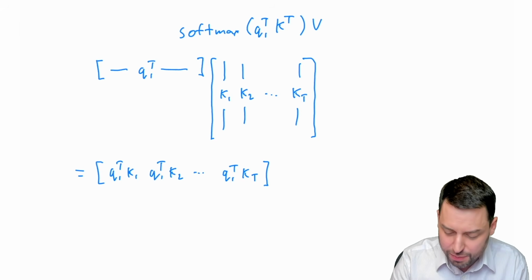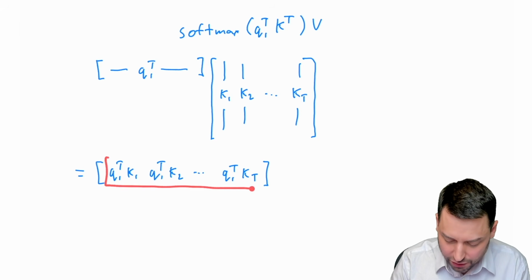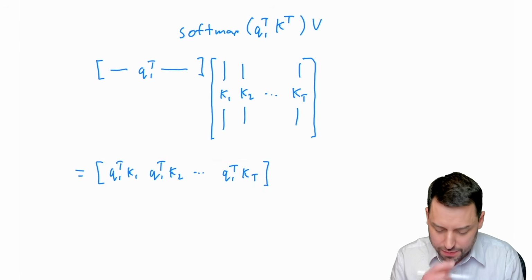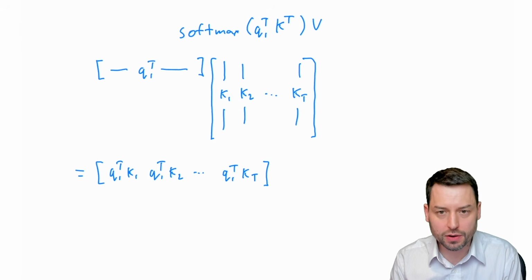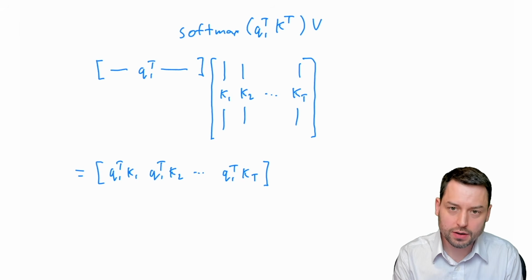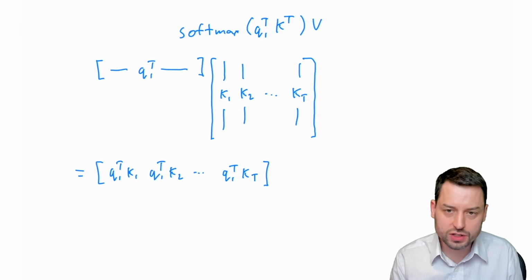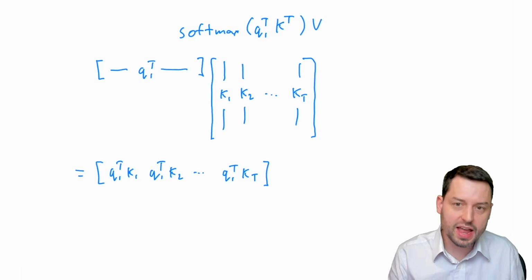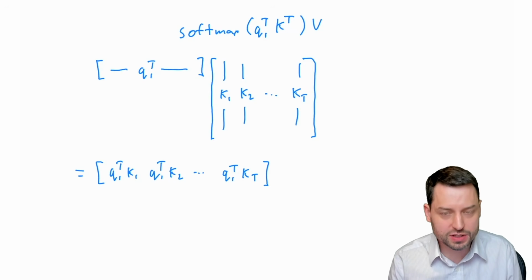This vector here will just be a collection of numbers. When Q1 is similar to some Ki, that term will be large and positive. When it's dissimilar, it will be either close to 0 if they're what are called orthogonal vectors, or negative if they're pointing in opposite directions.